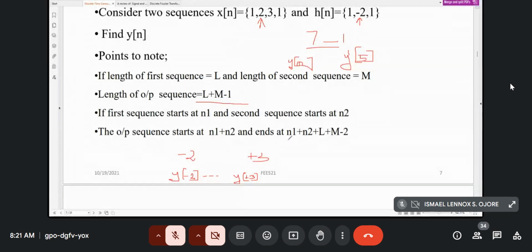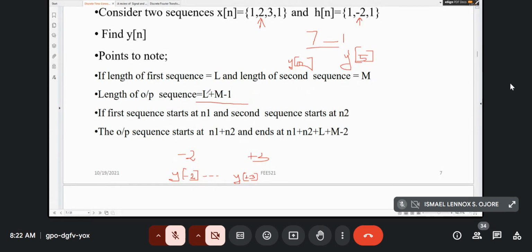When you have n samples, it means you start at 0 and end at n minus 1.